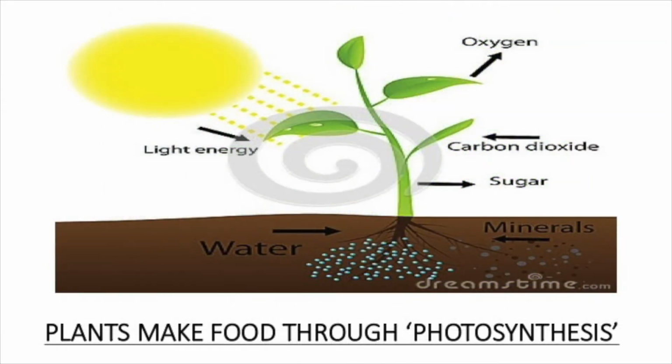Plants make food. Now, does anybody remember this word? Through photosynthesis. Yes, photosynthesis is the process of a plant making food. You can see here it begins with the sunlight. We call light energy.